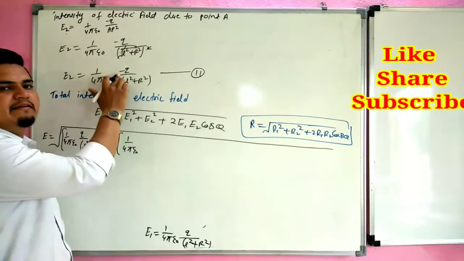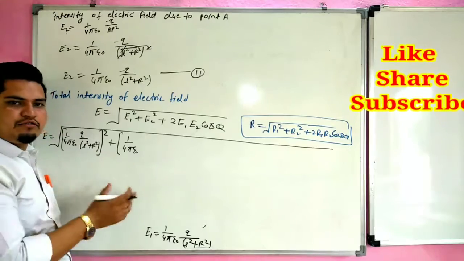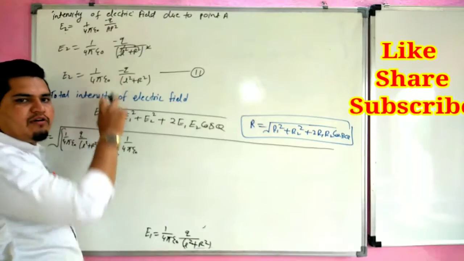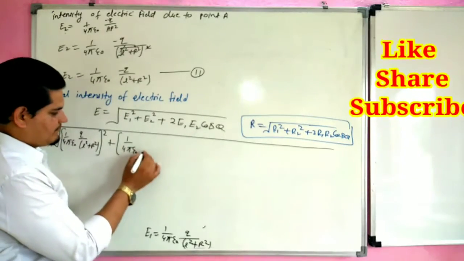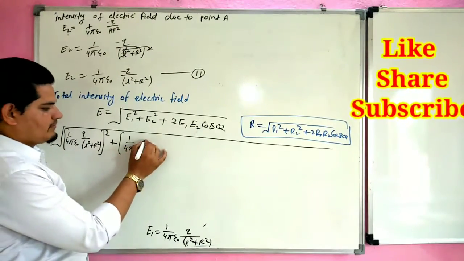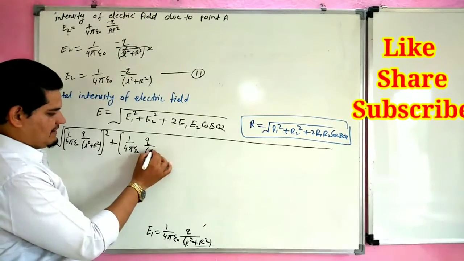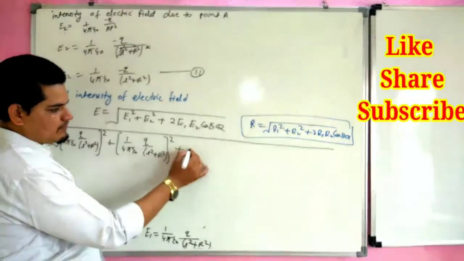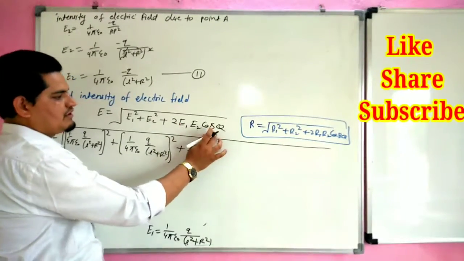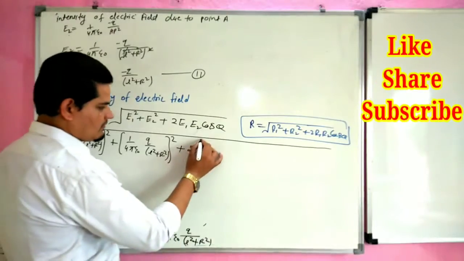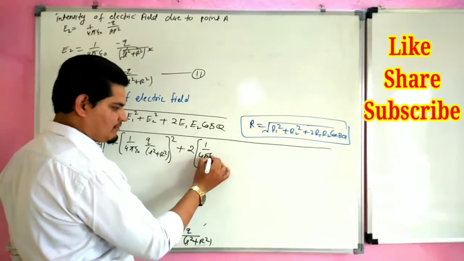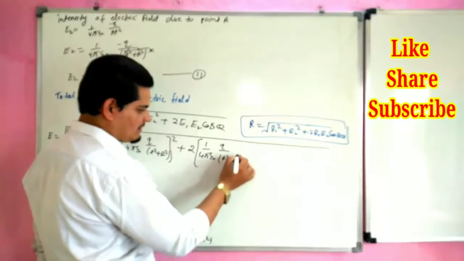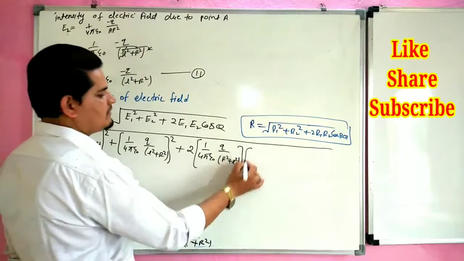This minus sign can be neglected because we already chose the direction in the diagram. Plus 2 E1 E2 cos theta. So E1 is 1 upon 4 pi epsilon naught Q upon r square plus L square, and this is E2.